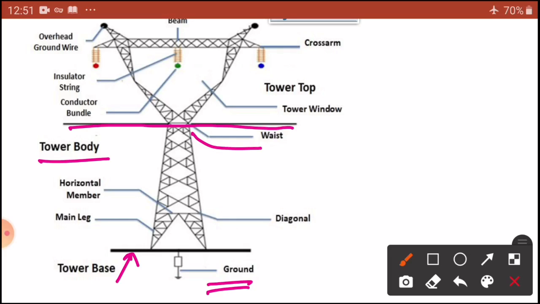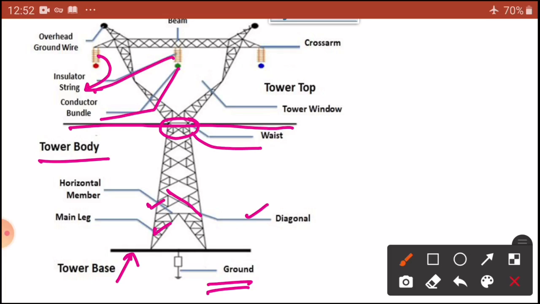Different lattices are provided: diagonals, main leg, horizontal member, and this is the waist mainly. After that, here are the conductor bundles and the insulator string. The yellow color is the insulator strings.